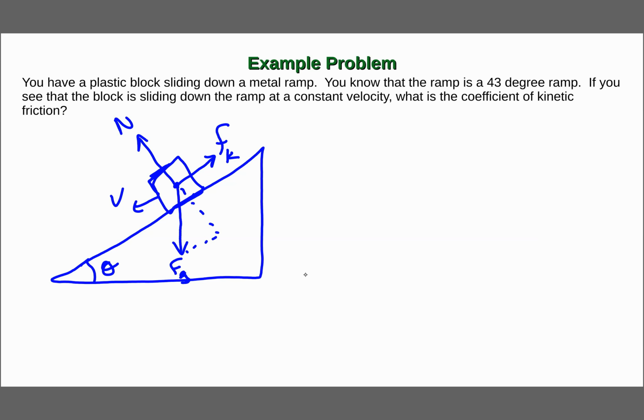And remember, we break it into components. The y component over here, and the x component here. And this angle in here is theta. Okay, so we have that. Nice and simple. And the only thing they really told us is that theta equals 43 degrees. Okay? And then they want to know mu sub k equals what?